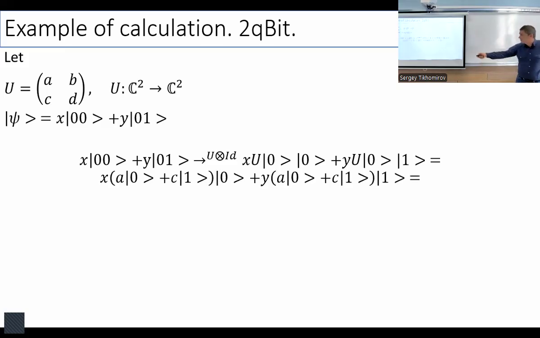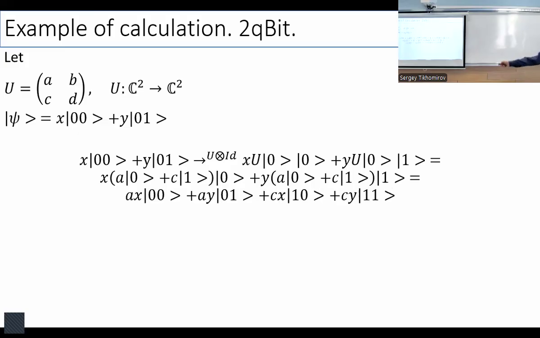After this I substitute and open brackets in the normal sense. Here we see that this would be a certain sum, and here I also change XA, AX. So it would be a sum of all 4 possible basis states.